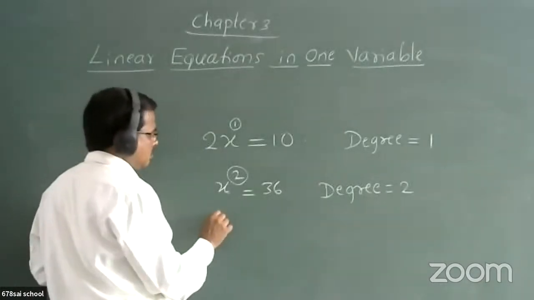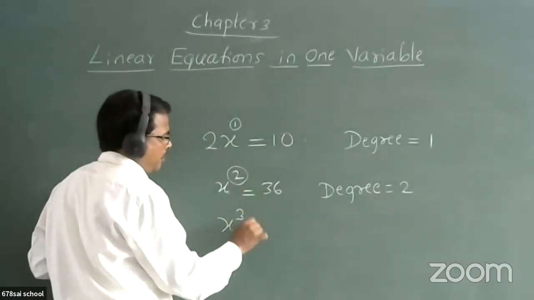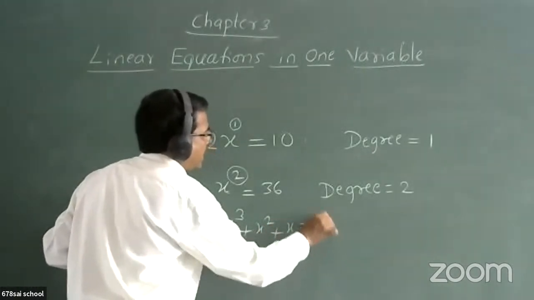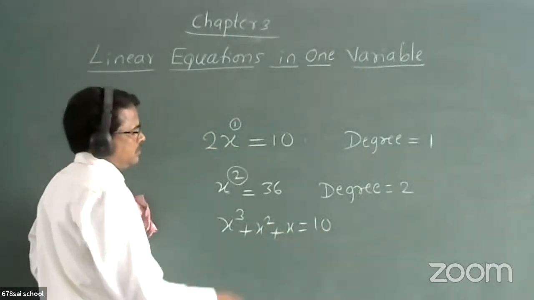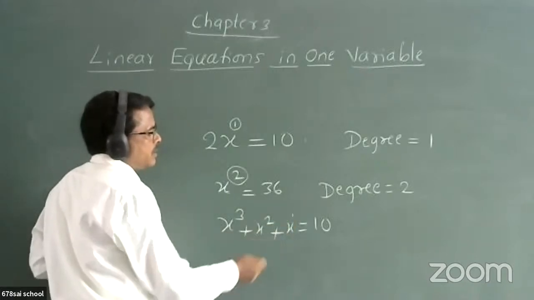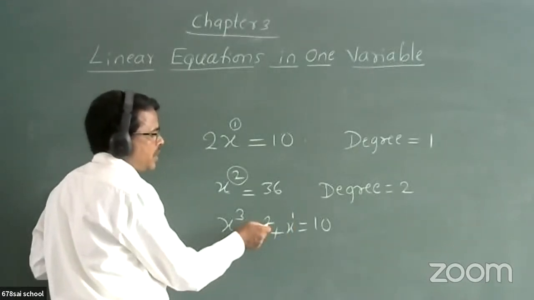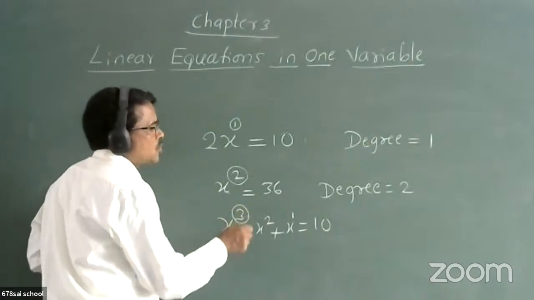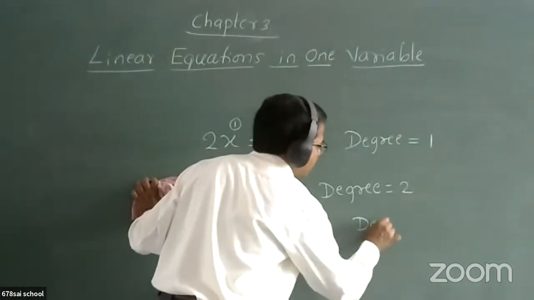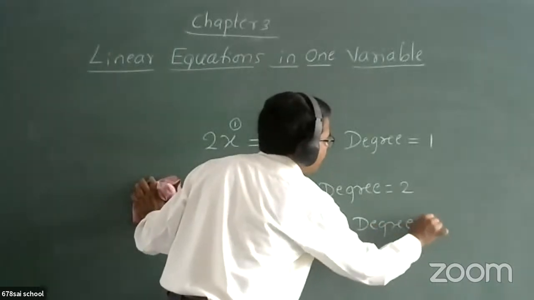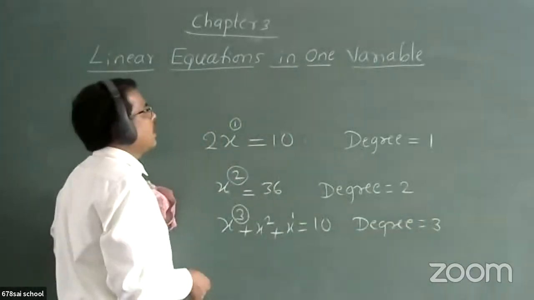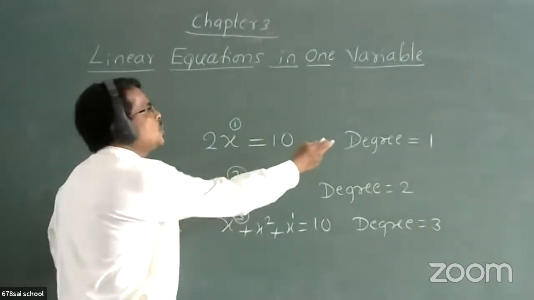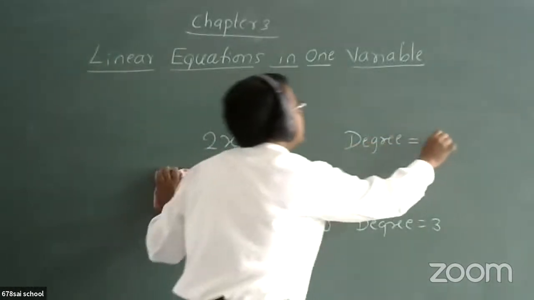I can also write x cube plus x square plus x equal to 10. Here its exponents are 1, 2, and 3, highest is 3, so its degree is 3. Now we are going to solve the equations whose degree is 1.